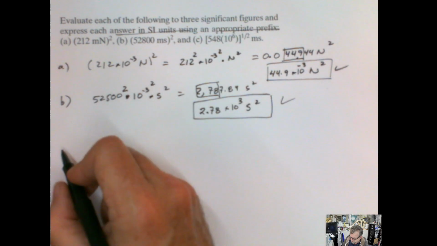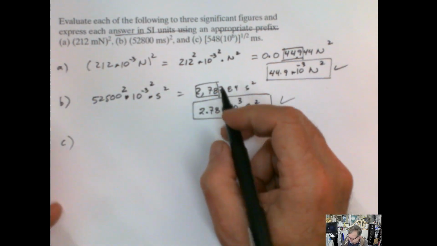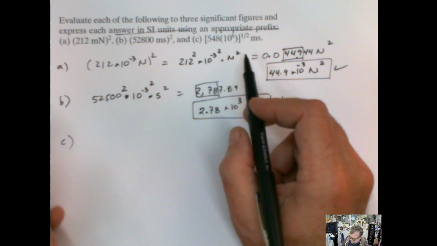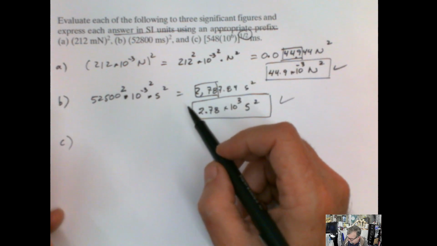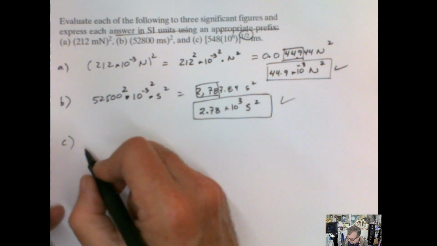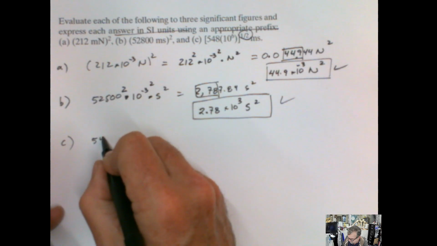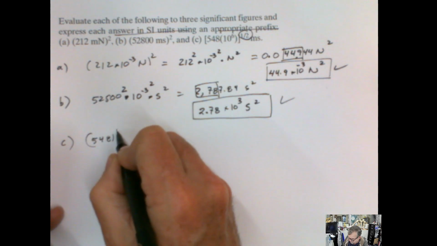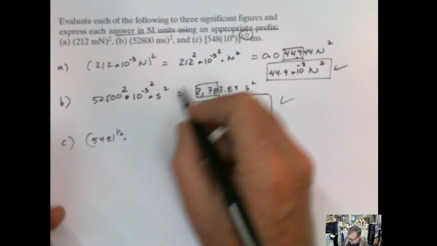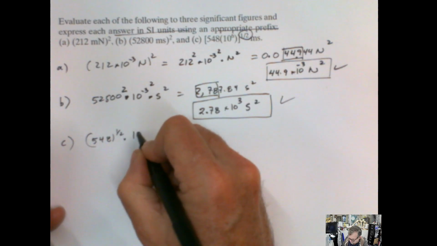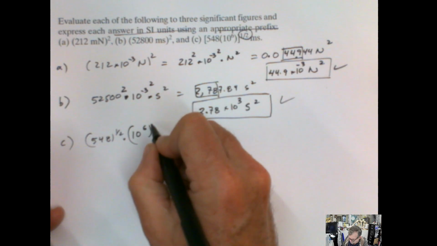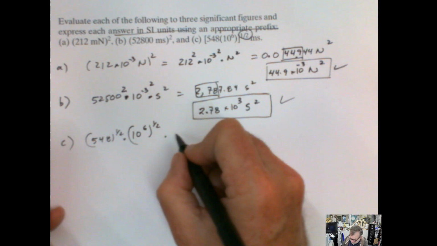And last but not least is basically the square root of this number. Remember, every number elevated to 1/2 is taking the square root. So that will be 548 to the 1/2, or square root, times 10 to the 6 elevated to 1/2, and then milliseconds.